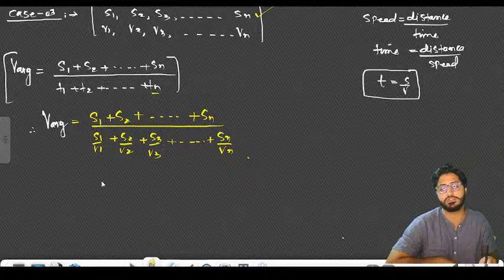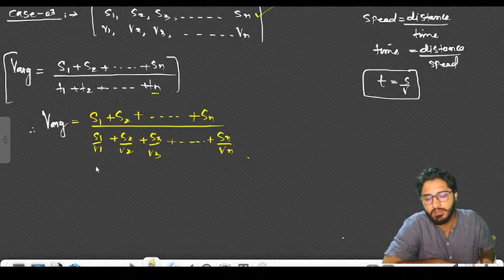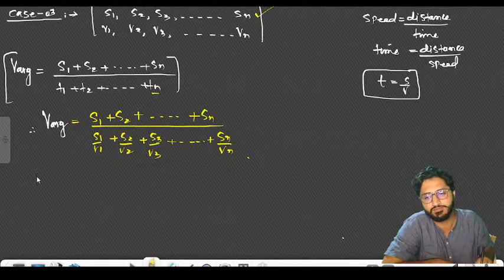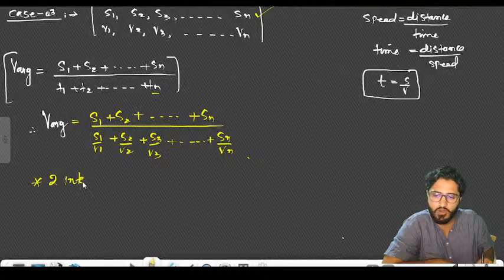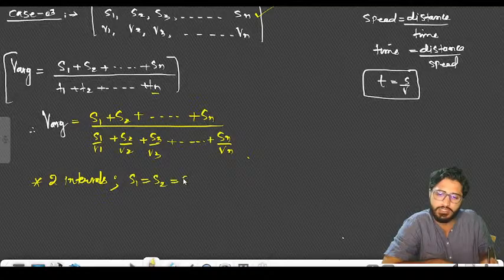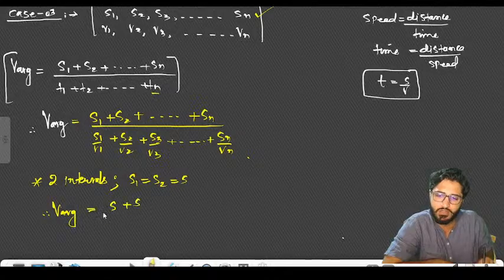But suppose I take only two intervals, and if S1 equals S2, both equal to S. Therefore, I can write V average equals S plus S, whole divided by S by V1 plus S by V2.